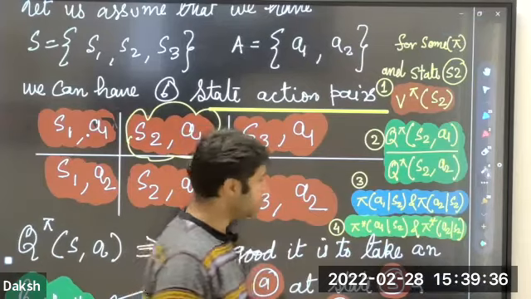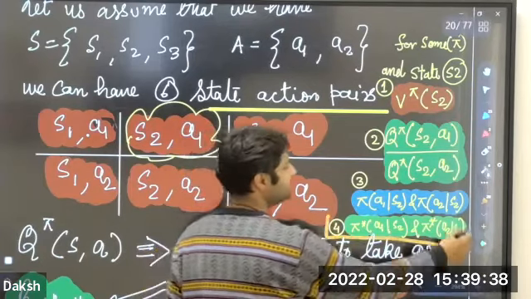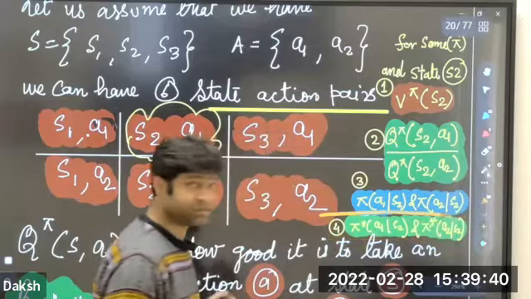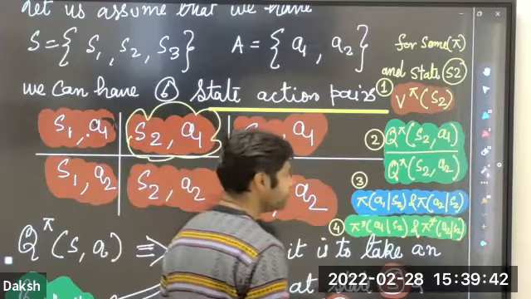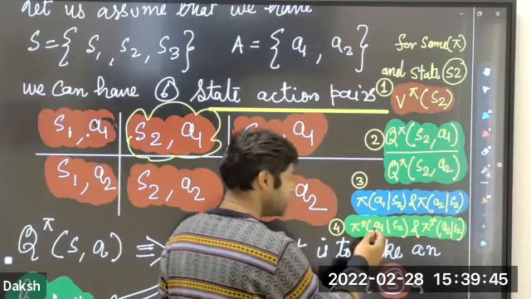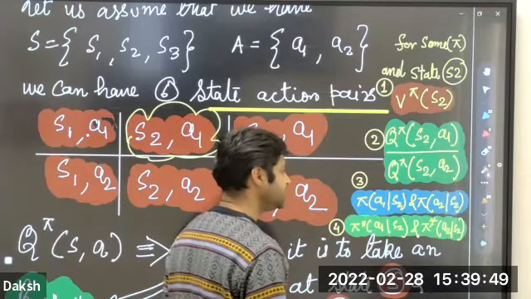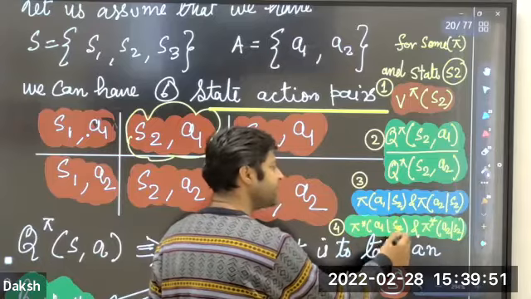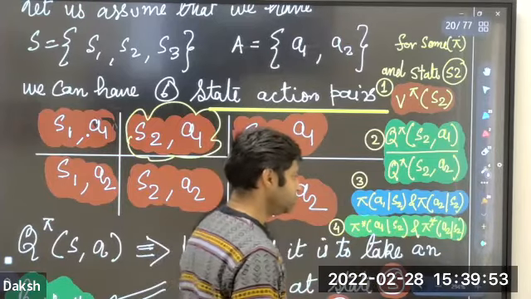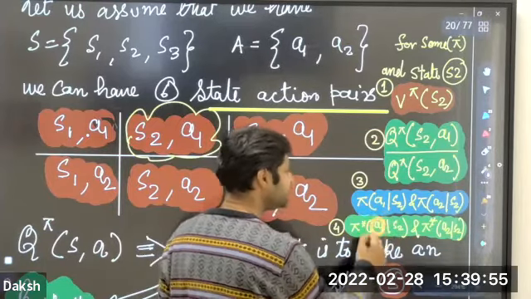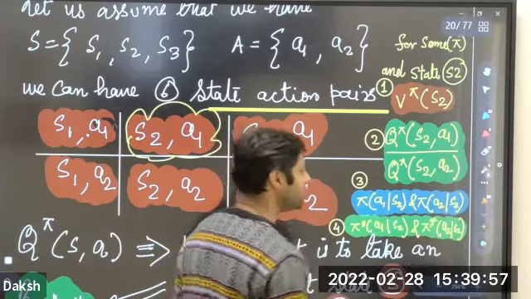We wanted to get it using some solution, but this means that given this policy or the best possible policy, if I'm at S2 and I take this action, what am I going to get? If I take this action, what am I going to get?